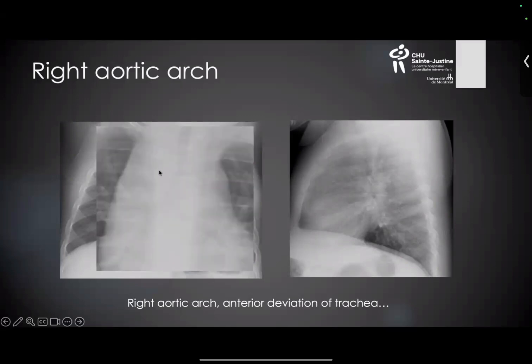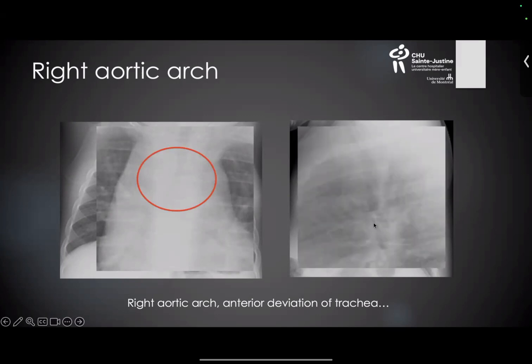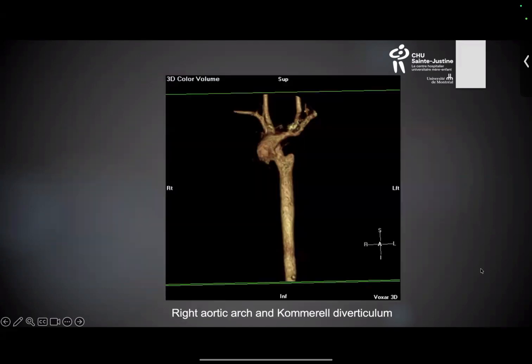Here you have the right aortic arch, and here you have the little anterior deviation of the trachea. In that particular case, it was a right aortic arch with Kommerell diverticulum. The most common of your vascular rings would be the diverticulum with an aberrant left subclavian artery.